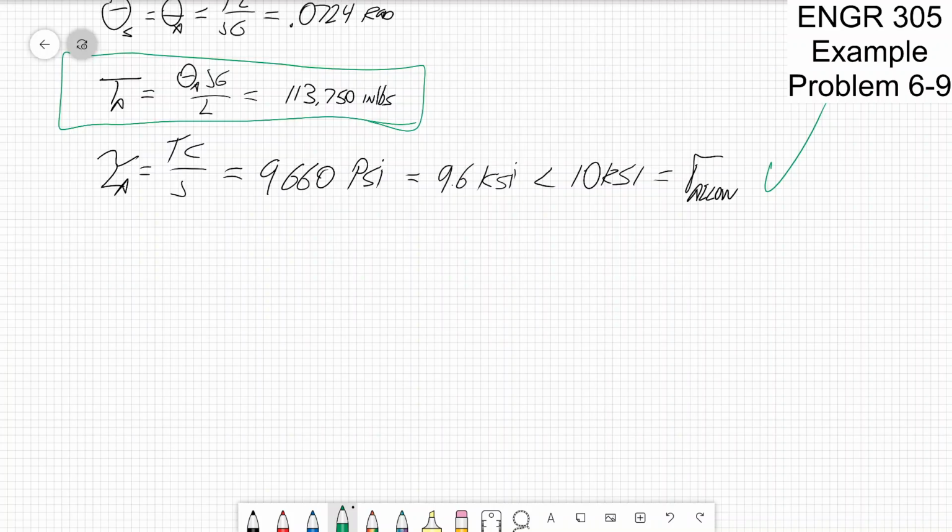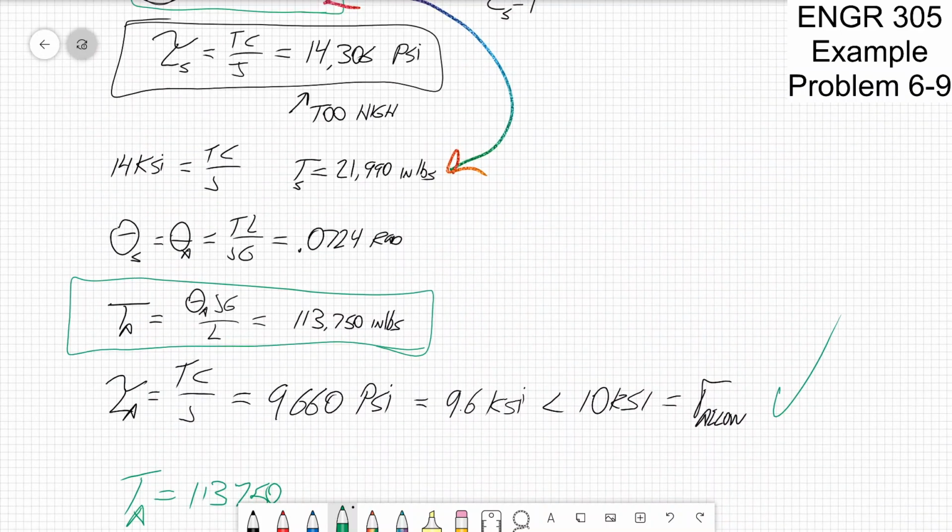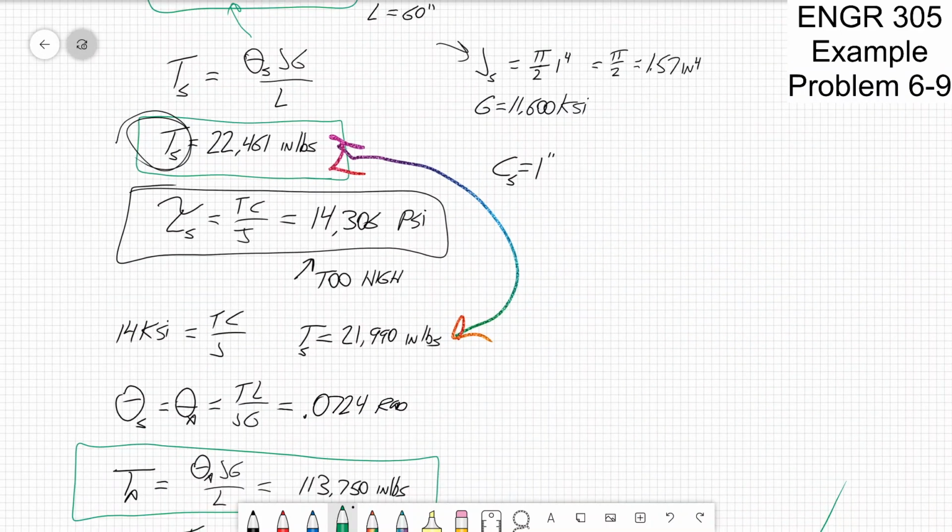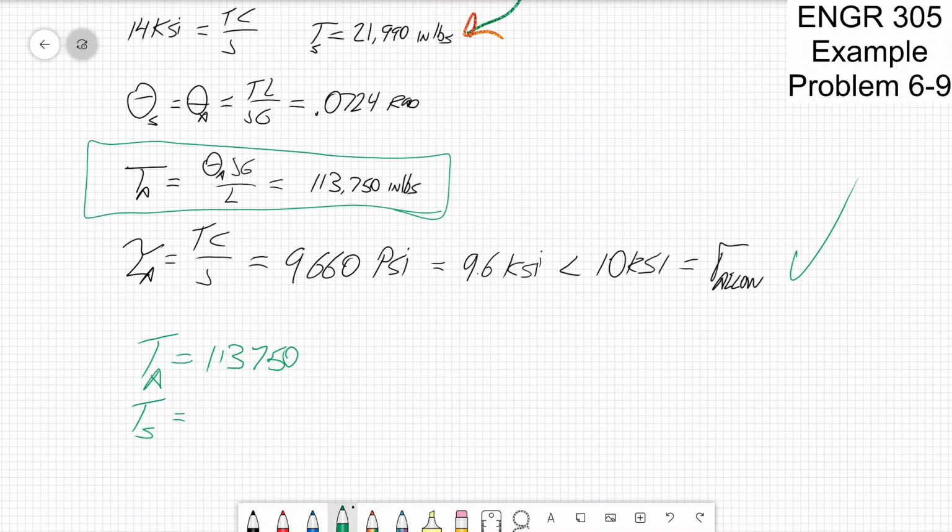Okay, well, the torque in the aluminum is equal to 113,750. That's just the torque in the aluminum. The torque in the steel, I've got to scroll back, is 14,306 inch pounds.